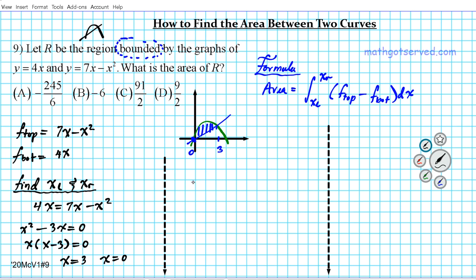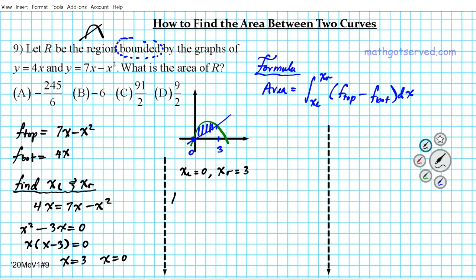So we're going to just put it all into the formula. x left is the smaller one, which is 0, x right is 3. And then we have f top and f bottom here. Ladies and gentlemen, we're ready to go.